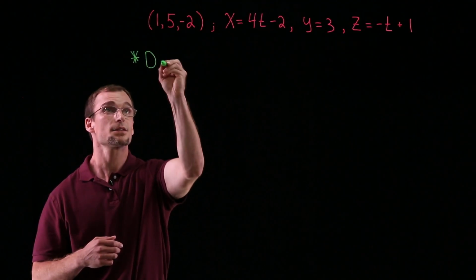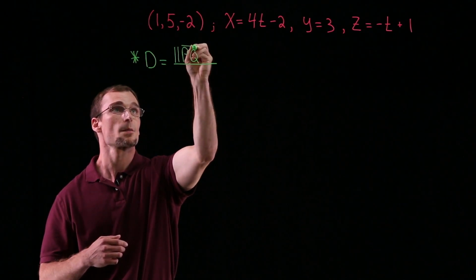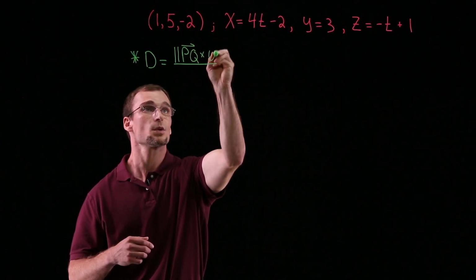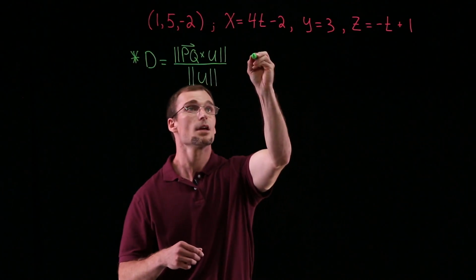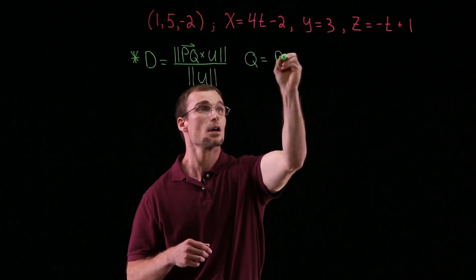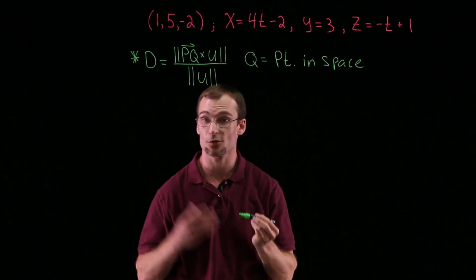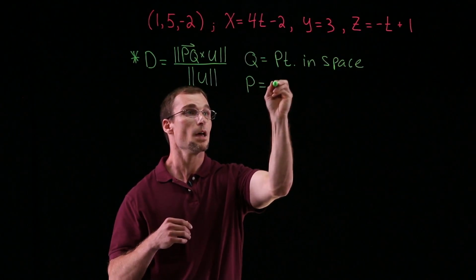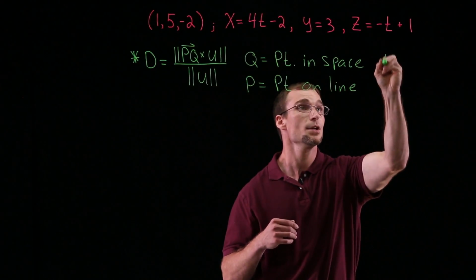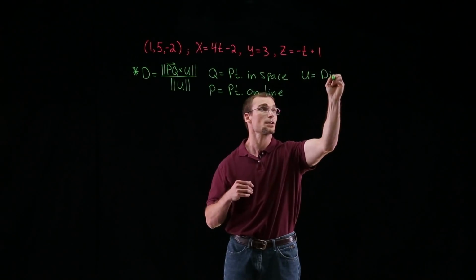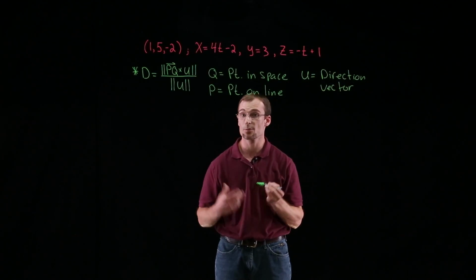The distance can be found by taking the magnitude of the cross product of the vector from P to Q crossed with the vector u, divided by the magnitude of u, where Q is the point in space that we're trying to find the distance from to the line, P is a point that lies on the line, and u is a direction vector of the line, or a vector that's parallel to the line.